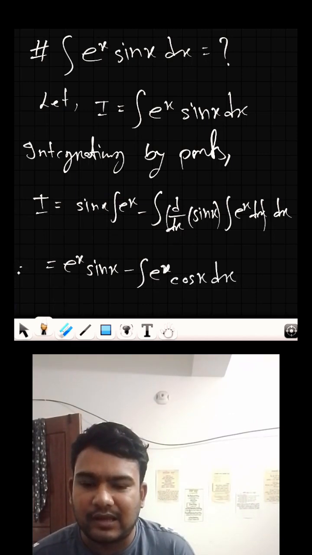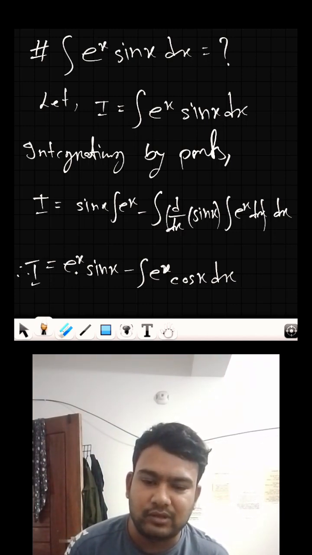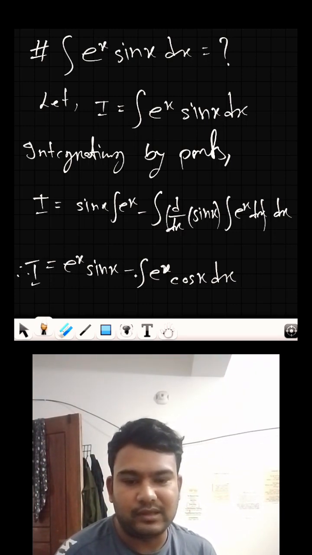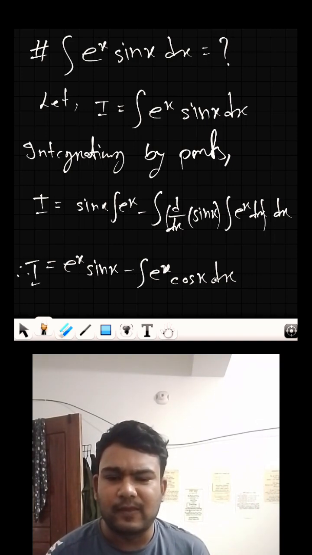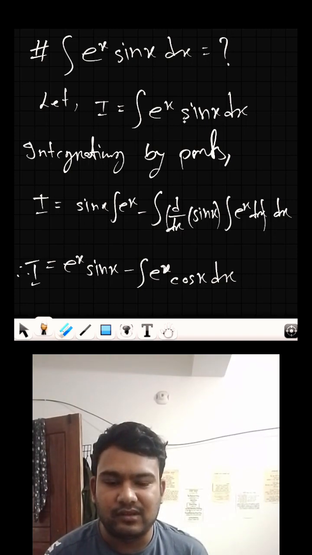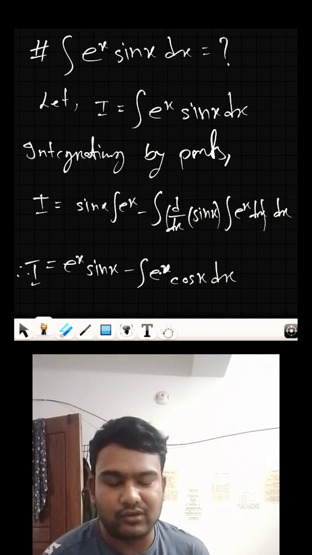So here is our I equals e to the x sin x minus integral e to the x cos x dx. So here is another integral from the first one, e to the x sin x dx, and here integral of e to the x cos x dx.